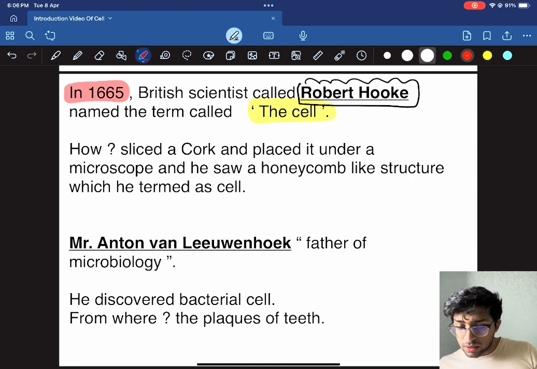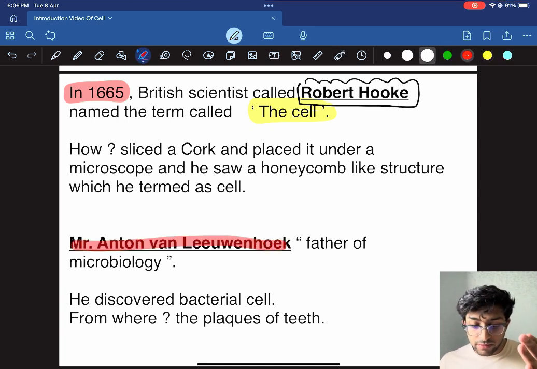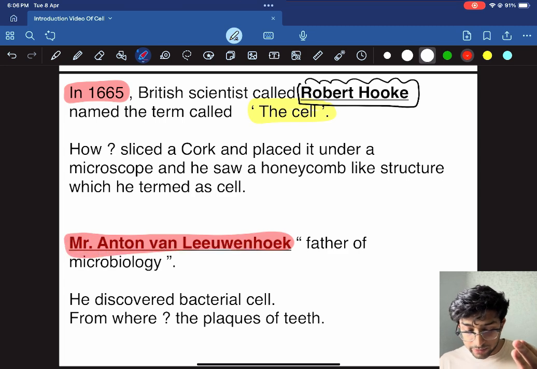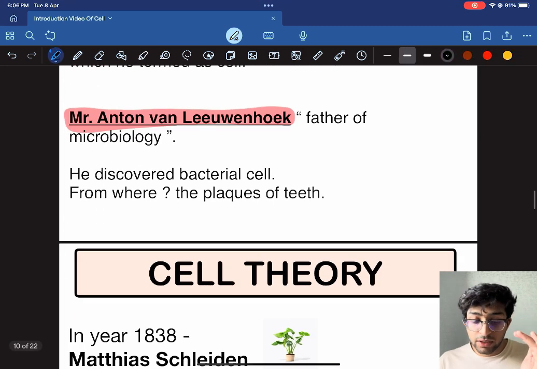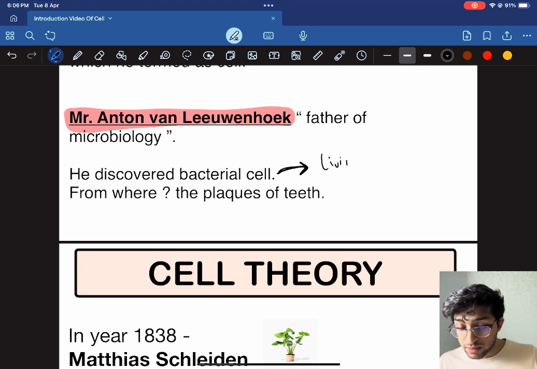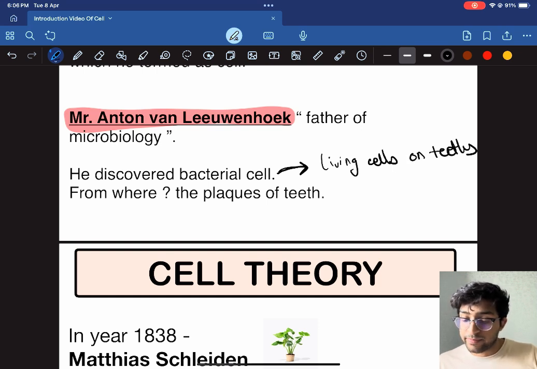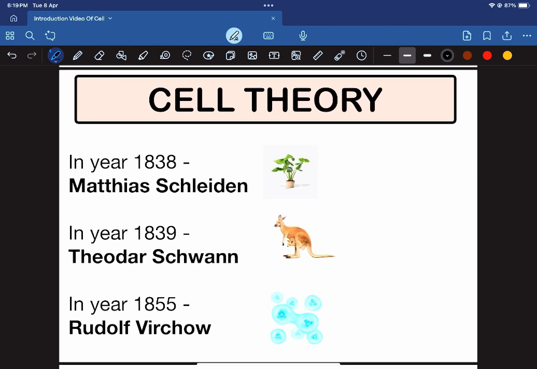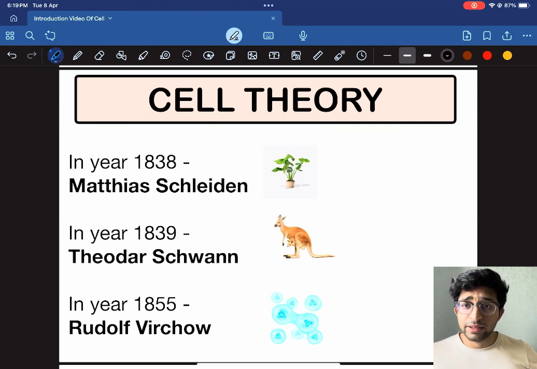Next, fast forward, Mr. Anton van Leeuwenhoek, the father of microbiology, discovered the bacterial cells. Were they dead cells? No, they were living cells, on teeth, from the plaques of the teeth. Clear?